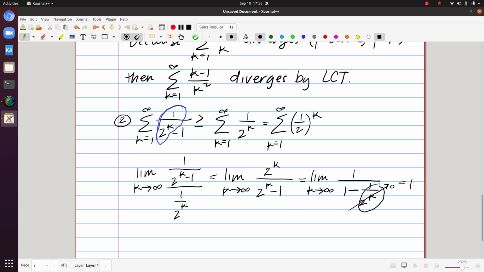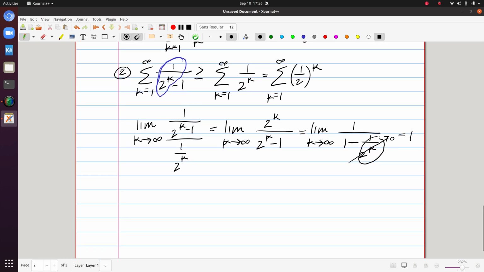Now, it is a coincidence that I got 1 just like I did in the last example. Like I said, the only significance of that is that I got a positive finite number, which tells me that I can apply the limit comparison test, meaning that the two series I'm considering behave the same. So I can say that because the sum of 1/2 to the k converges, and then again, I want to justify why.